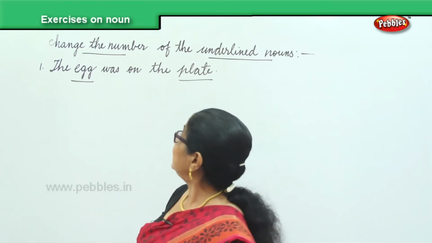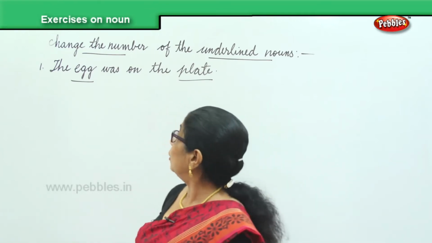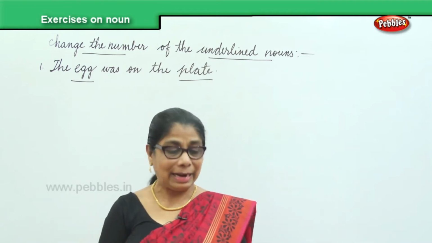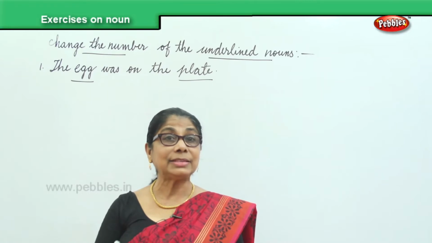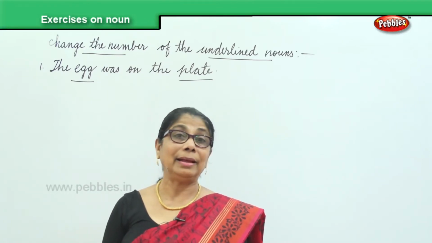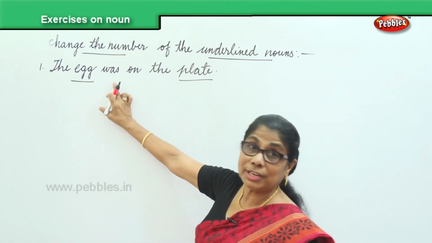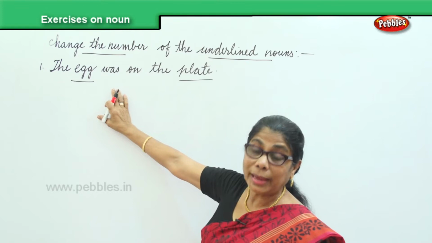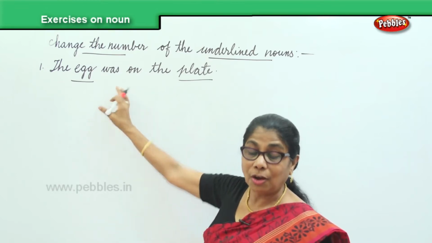It says change the number of the underlined noun. Now, egg and plate are underlined. So, what will be the answer? If you change it, you will say the eggs, was will change. The eggs were on the plates.